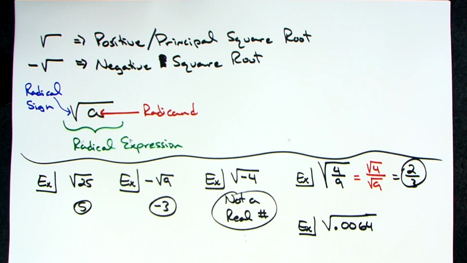And if you remember how to multiply decimals, there are 4 places in the answer, so I need half as many in what I'm multiplying. So 0.08 times 0.08 gives you 0.0064, so the answer is 0.08. Those of you that cannot reason that through will have your calculator. You can put it in, and it's going to crank it out just fine for you.